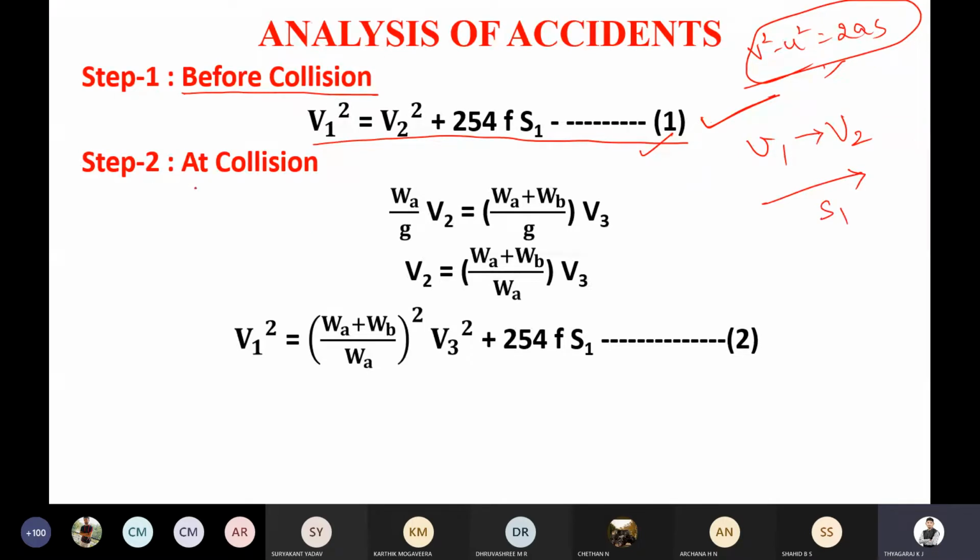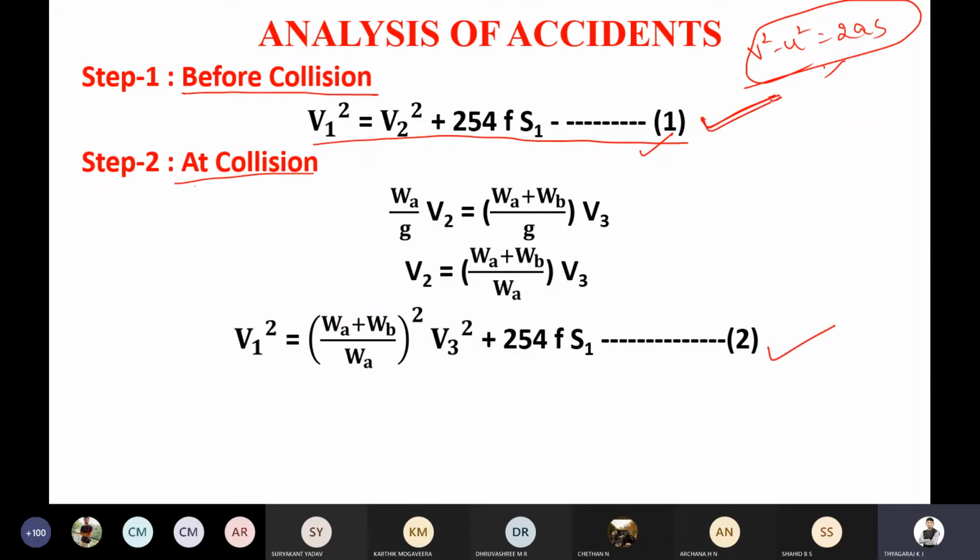Kindly note down step 2, at collision: WA V2 by G is equal to summation of WA plus WB by G into V3. We require V2, so we substitute V2 here. That's why we calculated this equation.